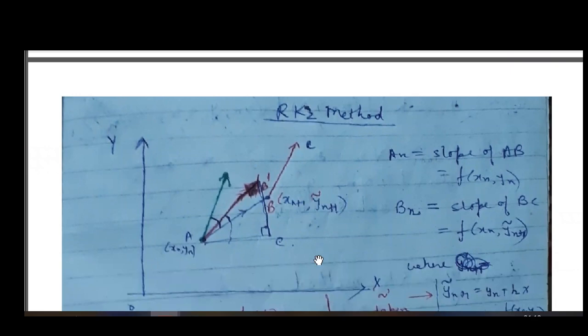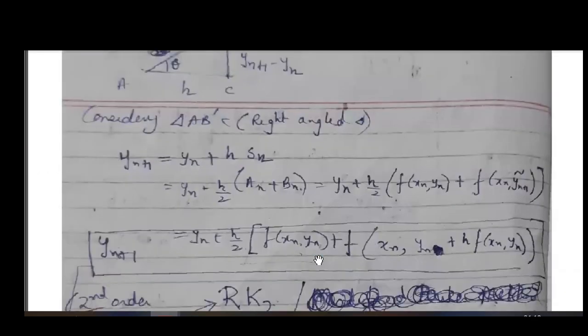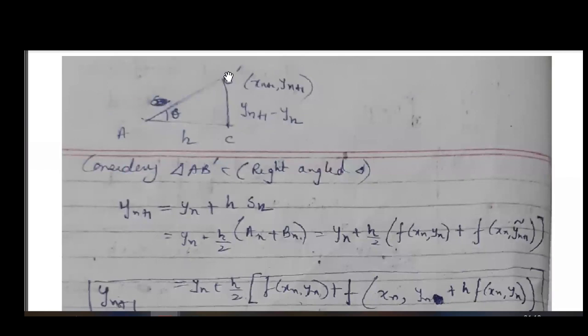So once this is clear, as we did earlier, here you now consider this slope as An plus Bn by 2. Consider this triangle. Exactly this thing you'll be getting as we did before for the Euler's. So just use the values of Sn. That means An is f of xn and yn, and Bn is f of xn and yn plus 1 tilde.